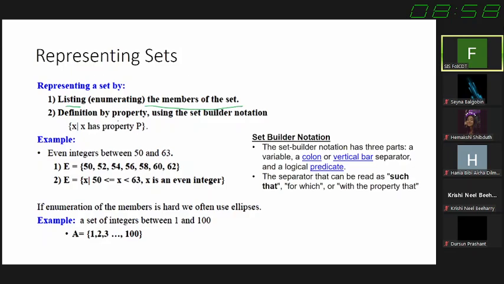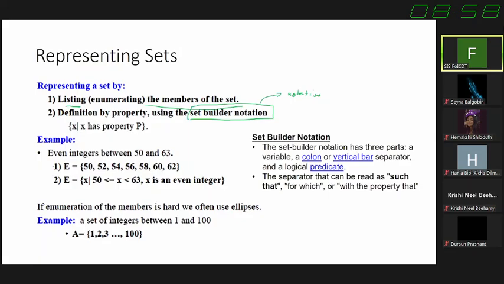Definition by property using a set builder notation. This is extremely important. This famous notation is so important. I want you to understand how important these notations are, and to take stock of how important they will be in the future as you progress in the chapters.